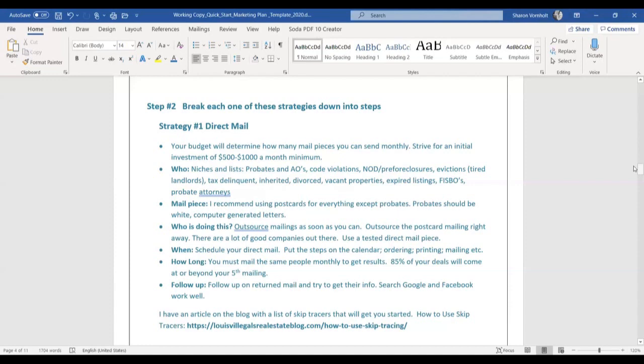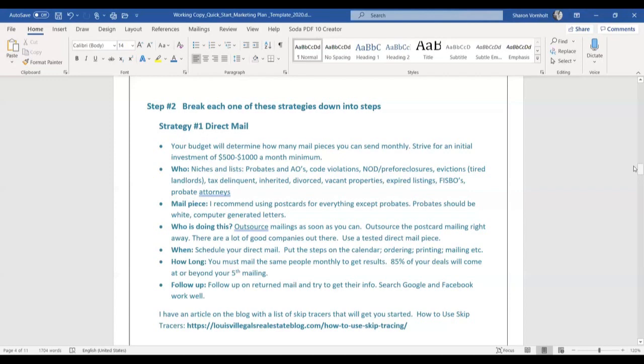So if your intention is to mail the first Monday of every month, then you need to have your list to them and you need to have that order placed about a week ahead of time, and you can instruct them, don't mail it till this date. You really don't want people getting your direct mail on the weekends. So you schedule your direct mail, put it on the calendar, and then just keep up with that process.